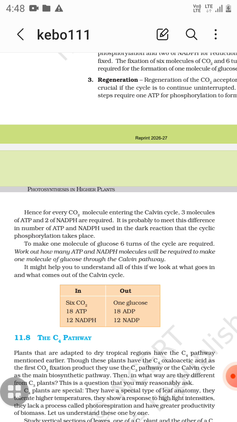Now 12 NADPH gives 12 NADP. So this was about the total turns of the Calvin cycle, total NADPH and ATP.